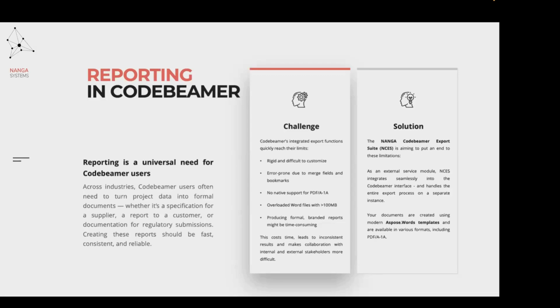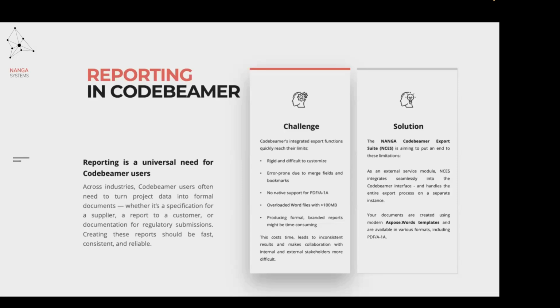Unfortunately, sometimes the merge fields and bookmarks are error prone, and that's actually not Codebeamer's fault. It's something that comes from Word and how Word builds the underlying XML code for the Word documents.